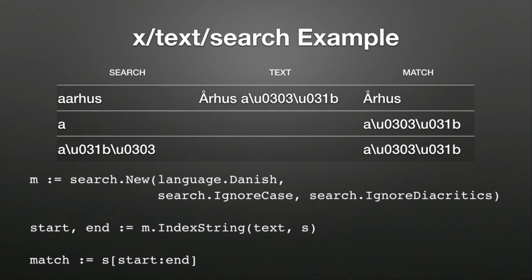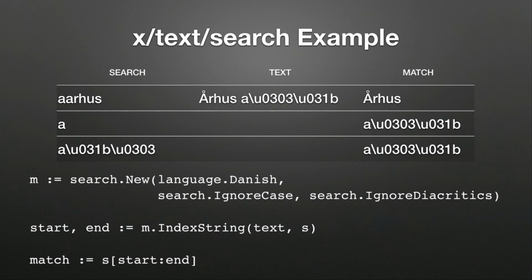To give a little bit more elaborate example, here in the center we have the text in which we search. In the left column there are the search strings, and in the right column there are the matches. I use an example for Danish again, just because it's such a fun language for sorting and searching. Here I specify Danish, I'm ignoring the case, and I want to ignore diacritics, which basically means ignore all the squiggly stuff that you see on characters.